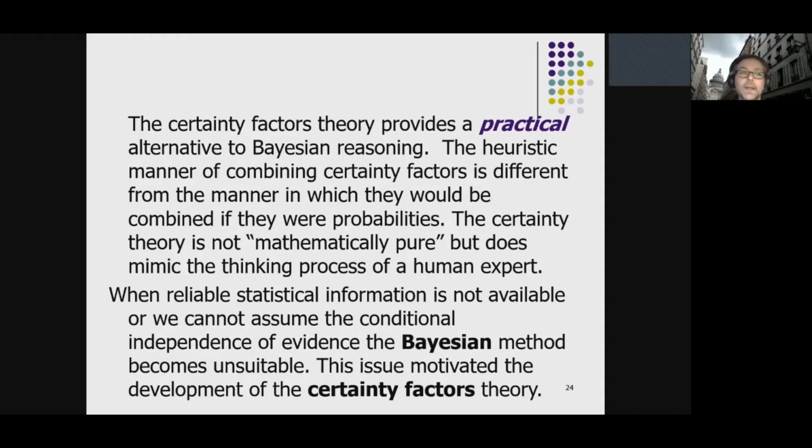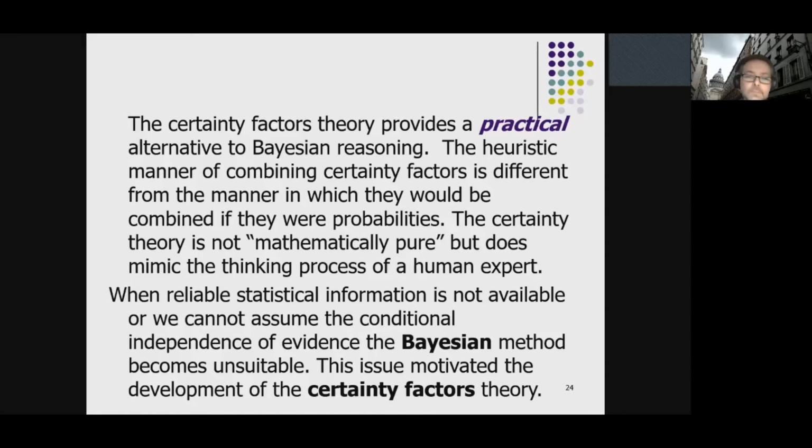Okay, and another situation where perhaps the Bayesian method does not work very well is if we are lacking information about the probabilities or we don't have enough data. Because if you have a lot of data, you can calculate some statistics, averages, variance, and you can use the information to find these probabilities that you need in order to train Bayesian networks, or even create these simple tables of probability values that I used in my examples. But if you don't have the data, what are you going to do?